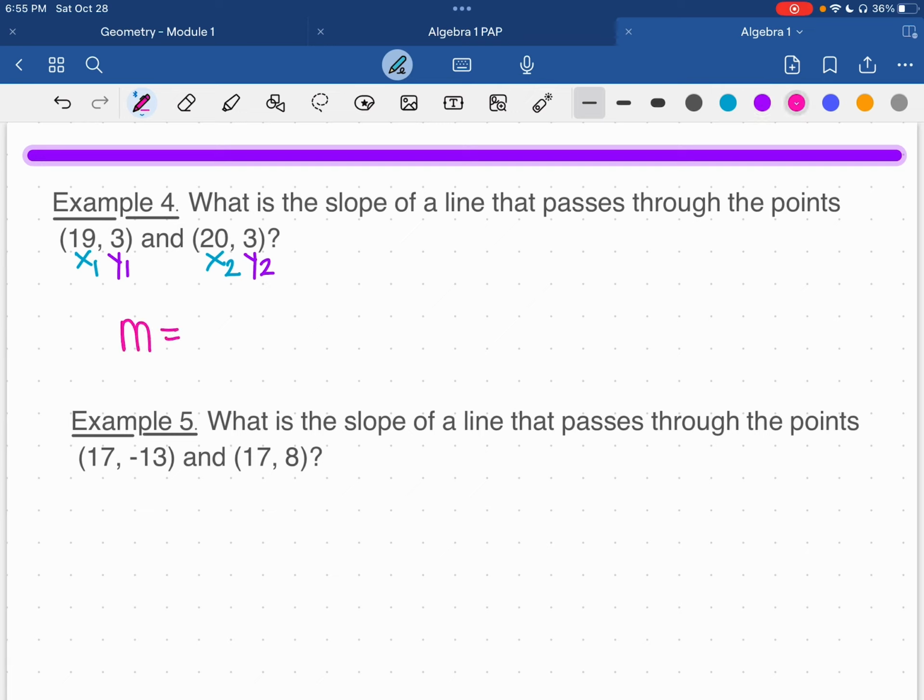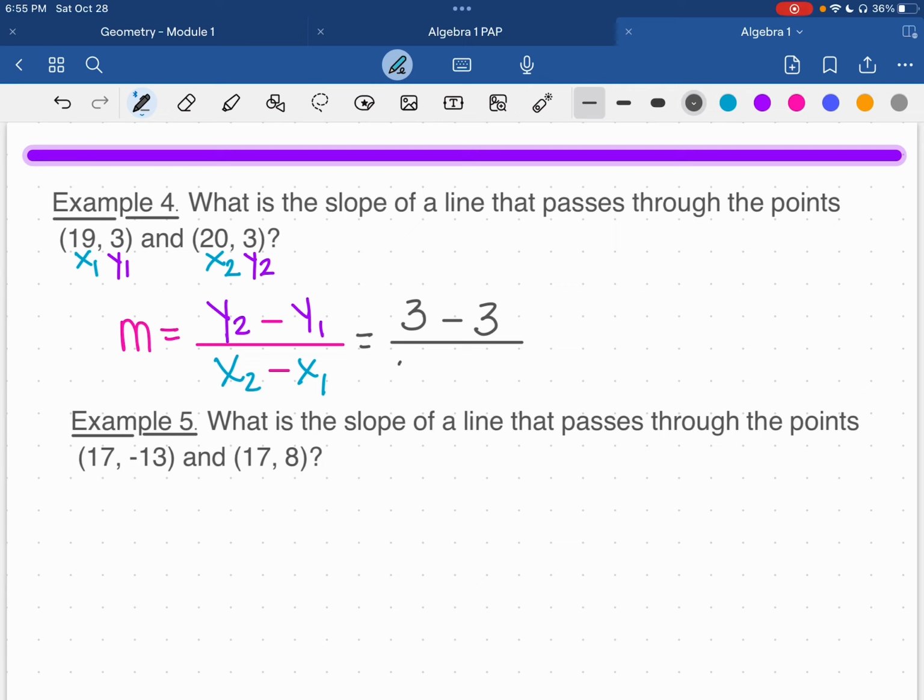Let's go ahead and write our formula since we've moved pages, and I might mess up. y2 minus y1, and on the bottom, x2 minus x1. The more you write it, the more it gets inside your head, and you will remember it. You will memorize it. And that's the goal we want. y2 is 3, y1 is 3.